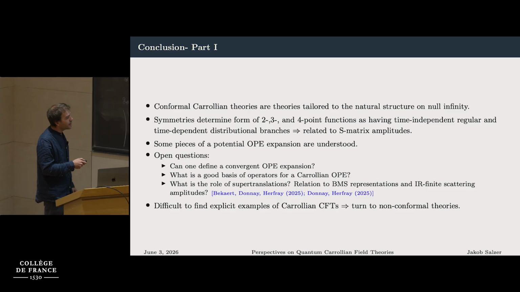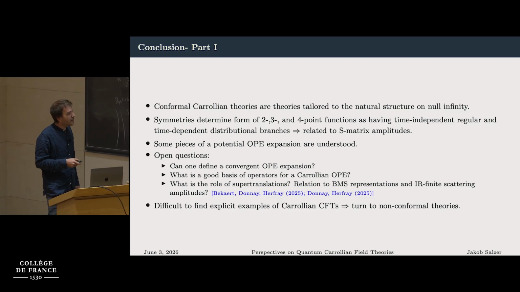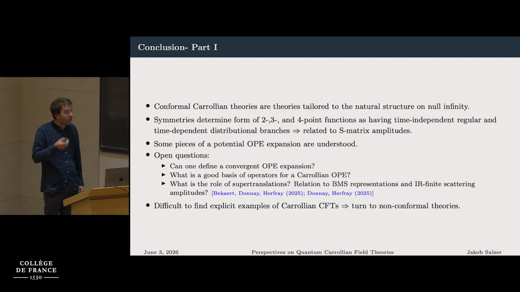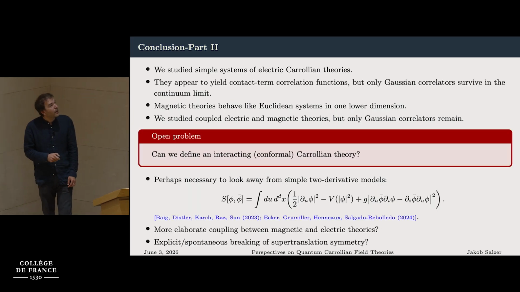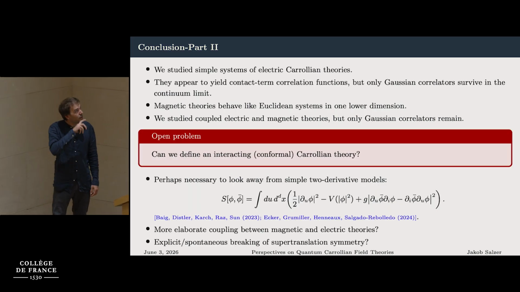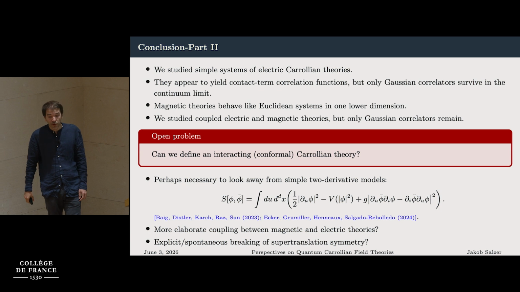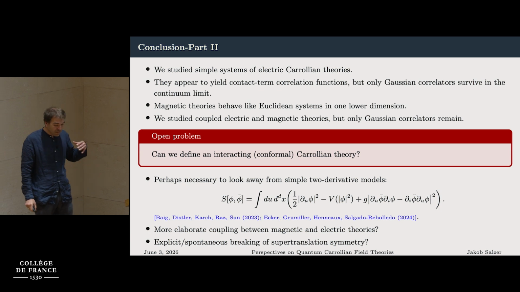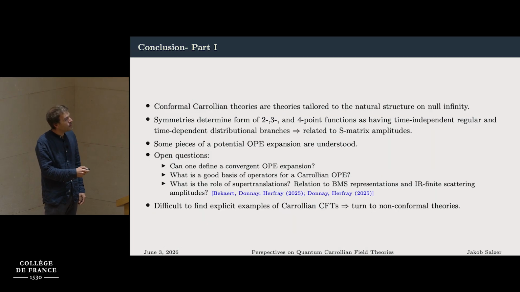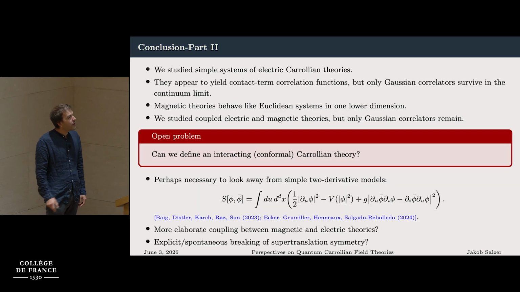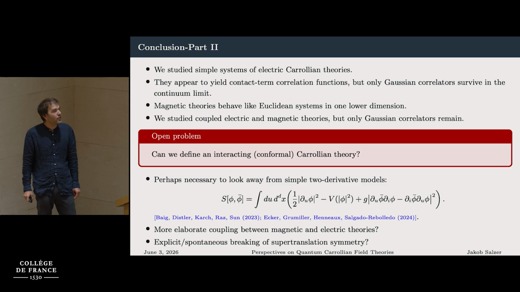And then I said that it's difficult to find explicit examples of Carrollian CFTs, so what we did is we turned to non-conformal theories, where we studied simple systems of electric Carrollian theories. They give us these contact term correlation functions that we expected, at least the 2-point functions, but only the Gaussian correlators remain.